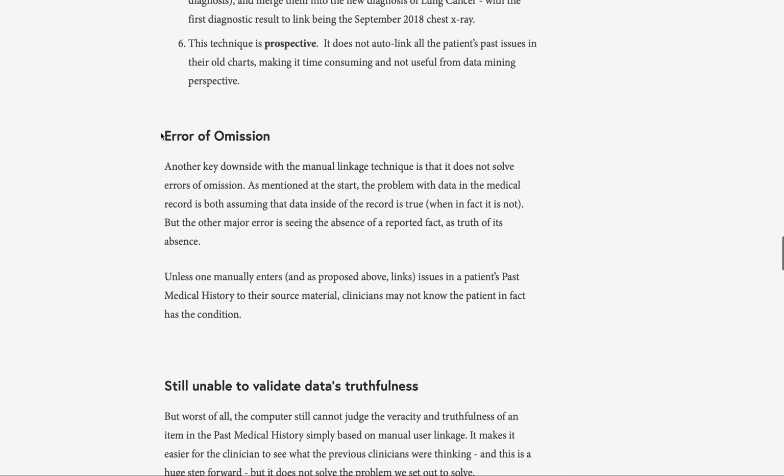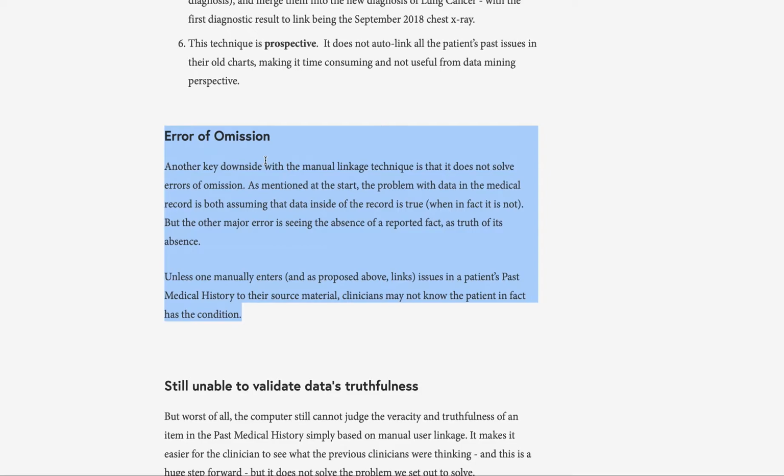I want to discuss one other problem with manual linkage, which is the concept of errors of omission. In order for us to be ascribing a certainty to items in a patient's chart using manual linkage, we're only essentially giving certainty to those issues which are listed. Quite often, though, medical records contain information about past surgeries, procedures, conditions, tests, treatments that, unless they're actually linked to an issue in the past medical history, no one may know about.